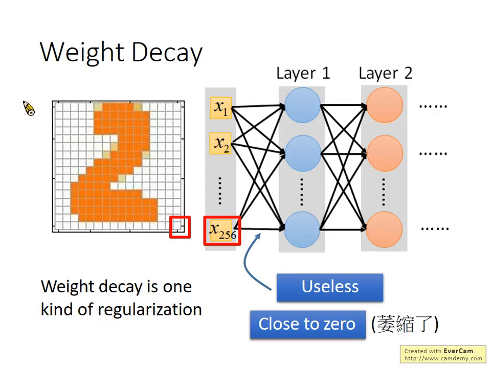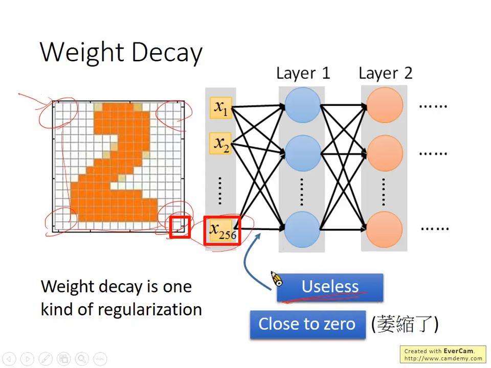Imagine that in this digit image, the border is usually white. So basically, there is often no information at the border of the image. The border, for example, would correspond to maybe the last few neurons, and the links or weights related to the last neurons would be useless.